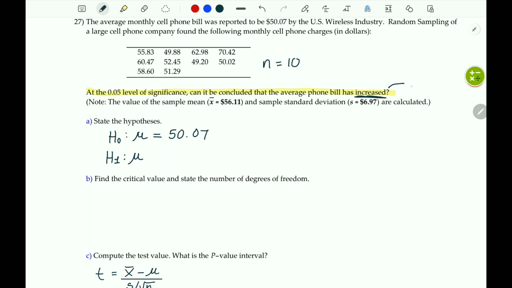This indicates that it will be a right-tailed test, which means that mu should be greater than $50.07. And this can be considered the claim.